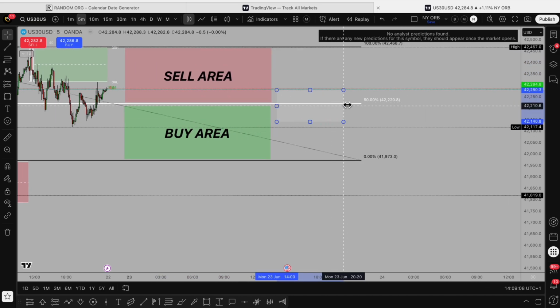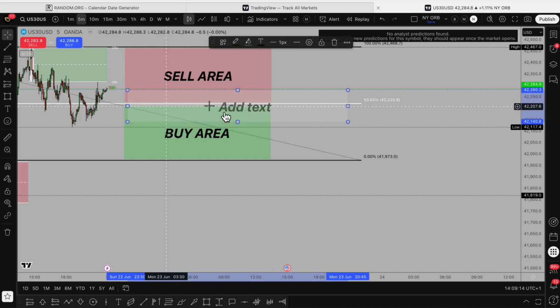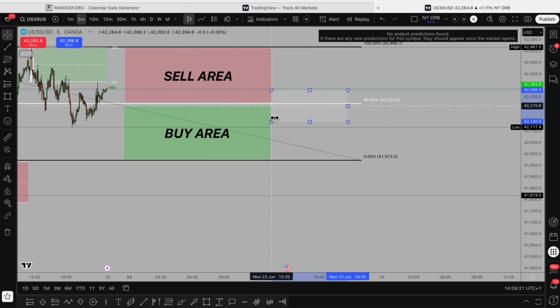Also, we keep an eye on this area, which is our most traded area yesterday. If you have this on your charts, I guarantee you, when you see this getting tapped into, either from the bottom or from the top, when you see the market tapping into this area, it will always fill.